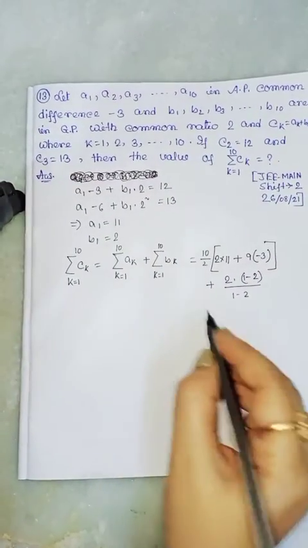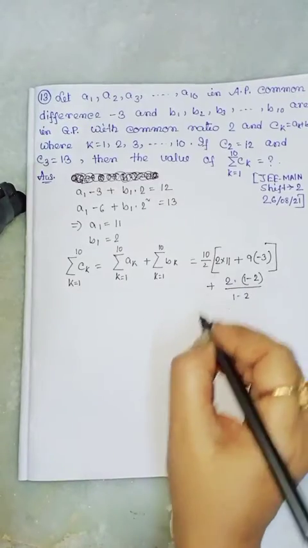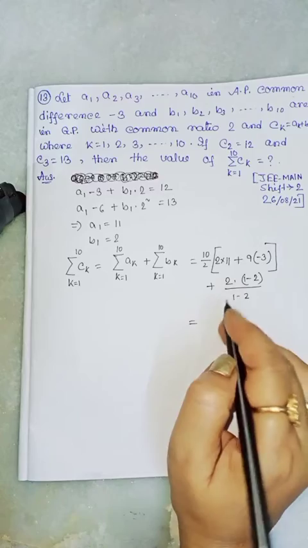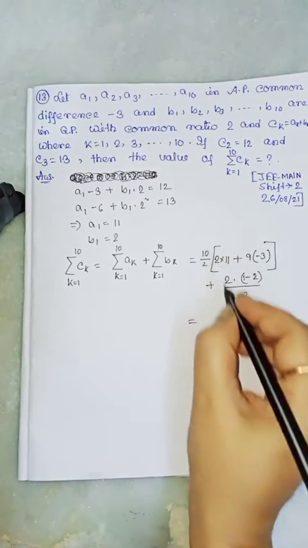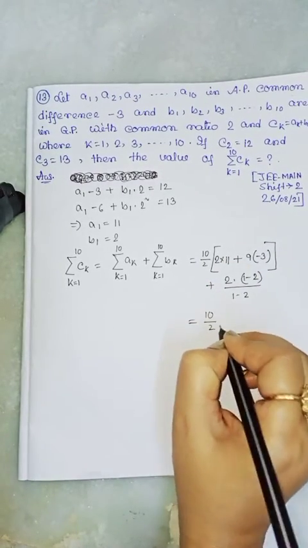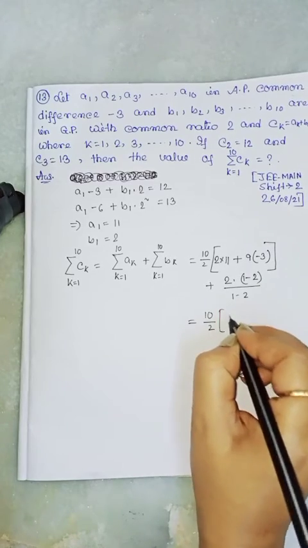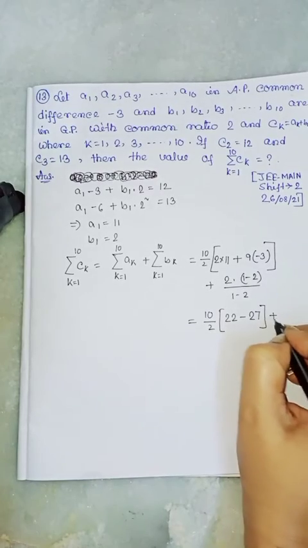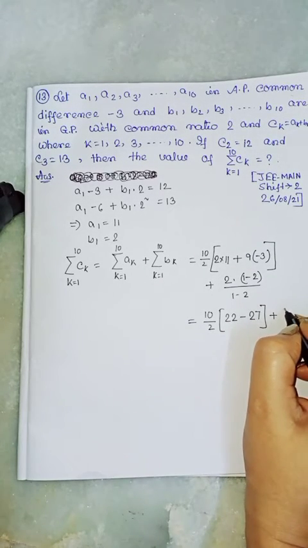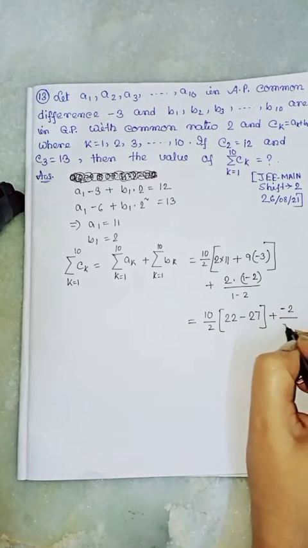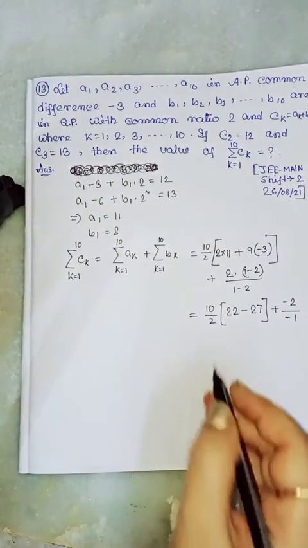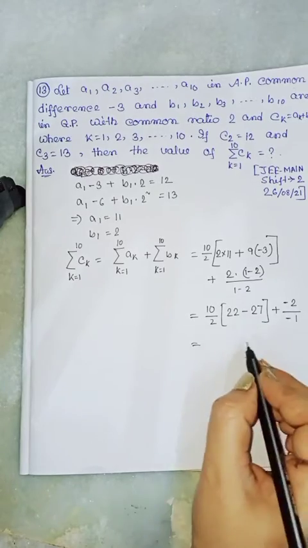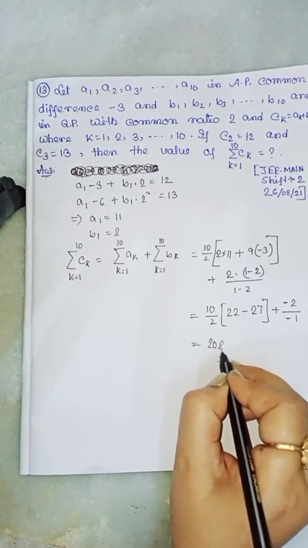Now calculating this, we get 10 by 2 into 22 minus 27, plus 2 into 1023, so between the limit, calculating this, we get 2021.